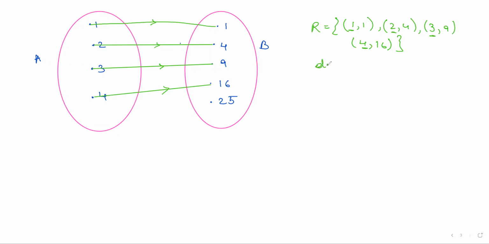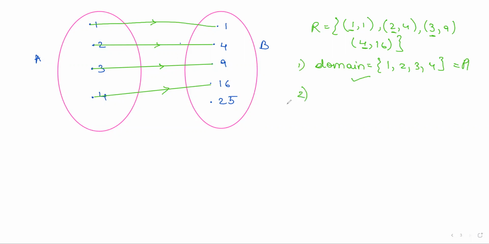So your domain has 4 unique elements, 1, 2, 3, and 4, which is equivalent to your set A by observation. So the first condition is satisfied.